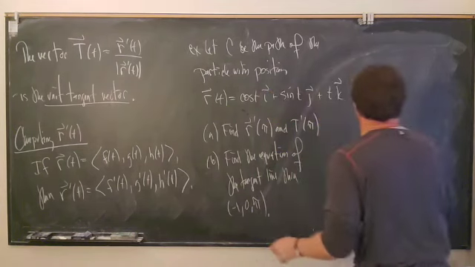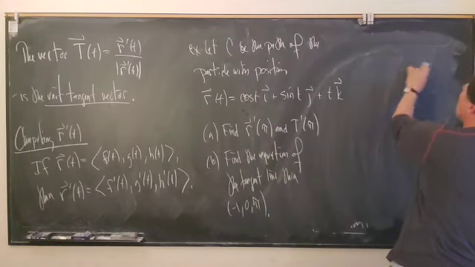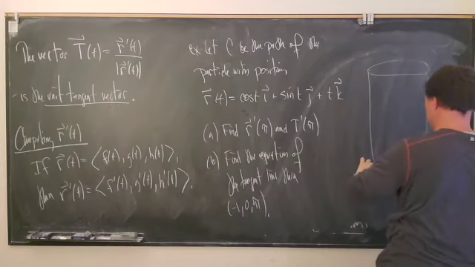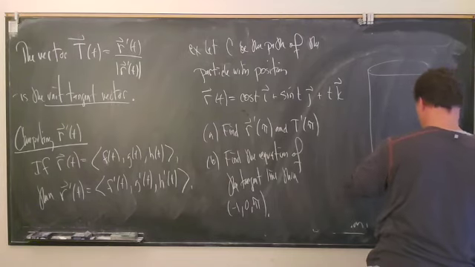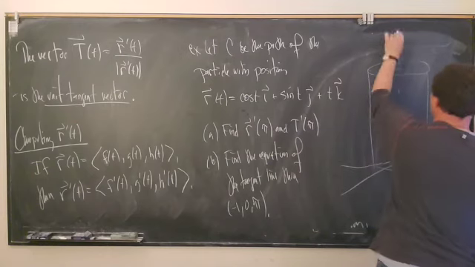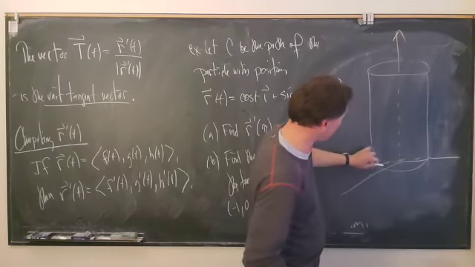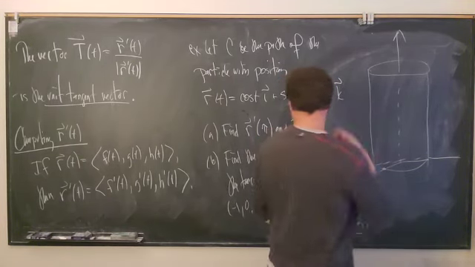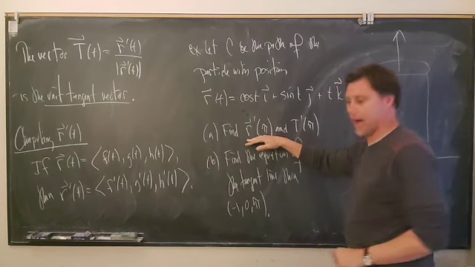Okay, so what we have here is the helix, and let me just remind you, it's kind of easiest for me to draw if I draw it on a cylinder. If we start here with t equals 0, what happens? Well, we want to find r prime of pi.